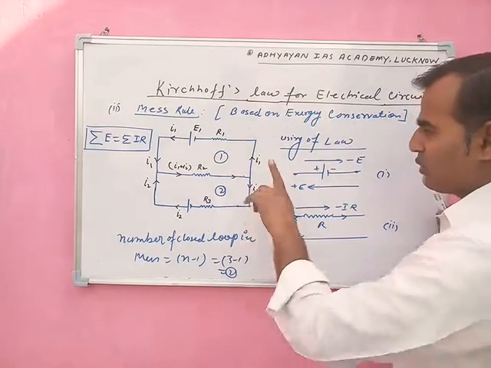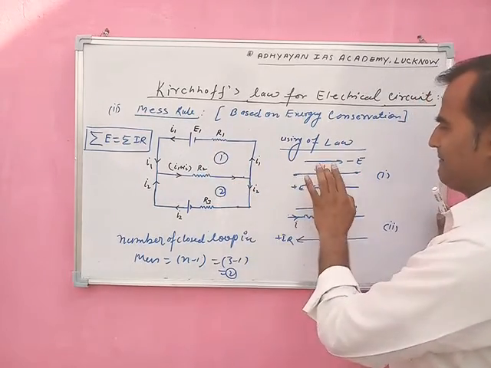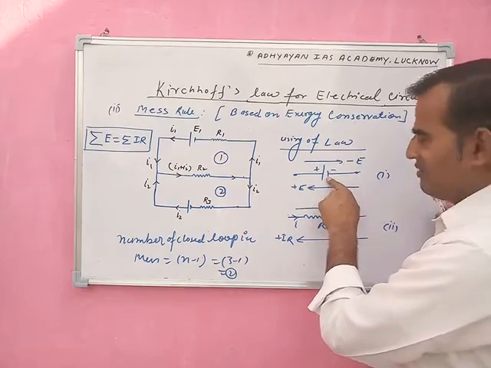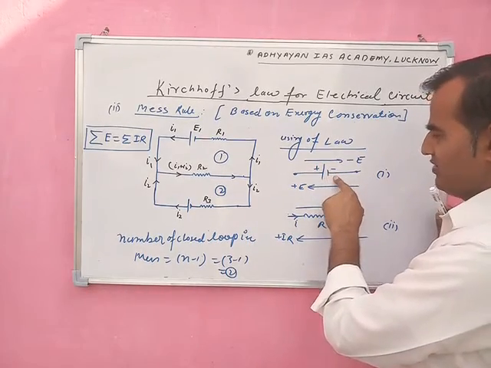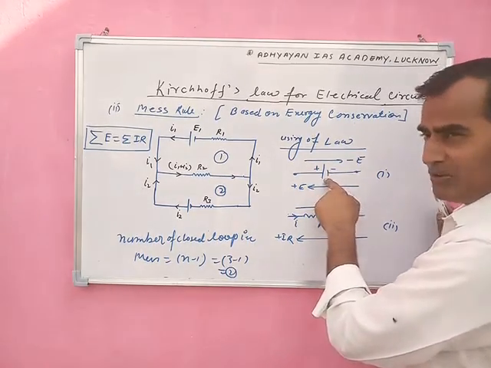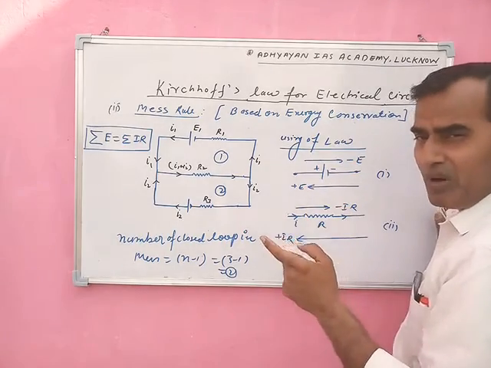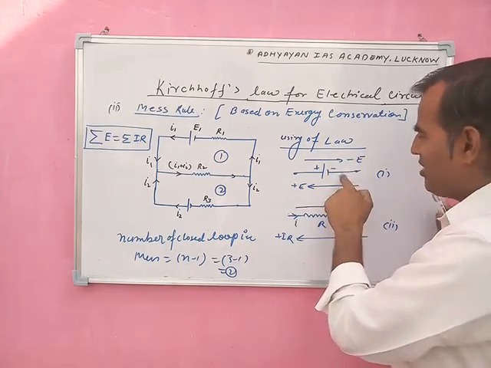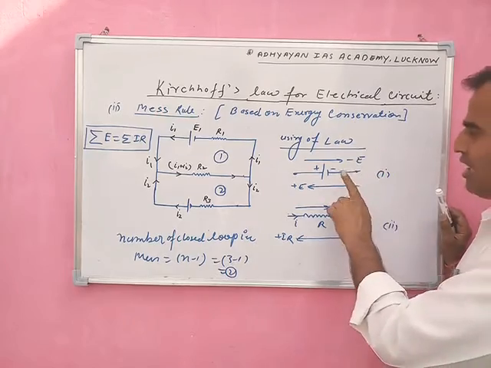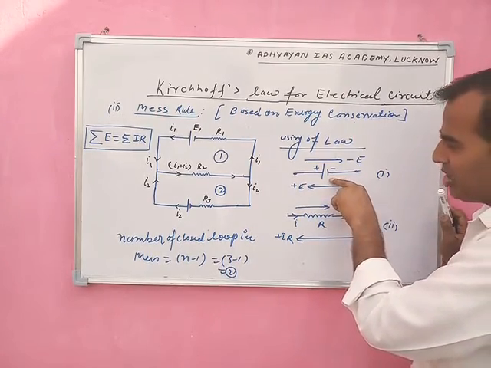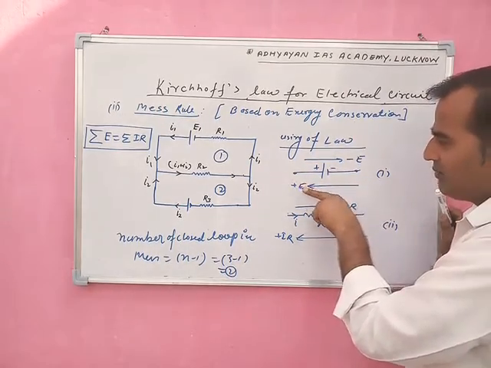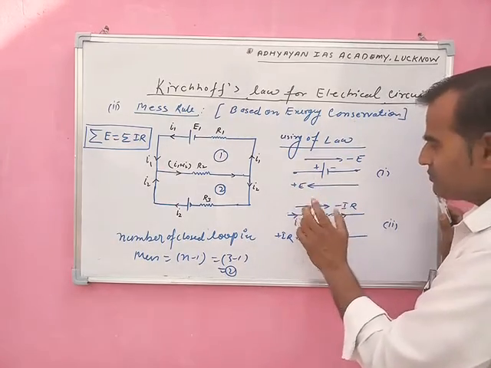If we go in a closed loop or any closed circuit on the cell from the positive terminal to the negative terminal, then E will be negative. If we go in a cell from the negative terminal to the positive terminal, EMF will be positive.